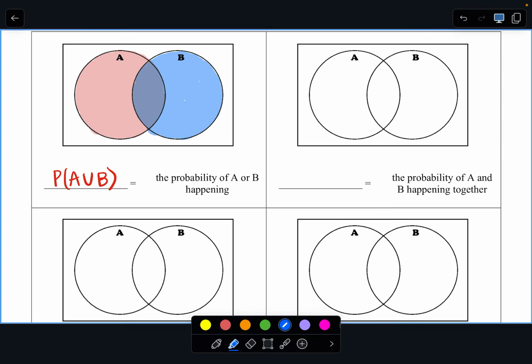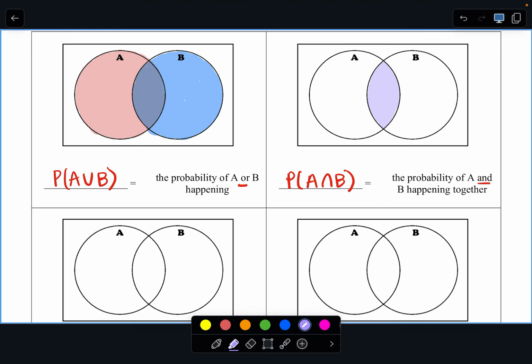For the other option, the probability of A and B, the only time where both things are true together is that overlap section in the middle, where they intersect, which again is why the ands are called intersections. So we have A and B.